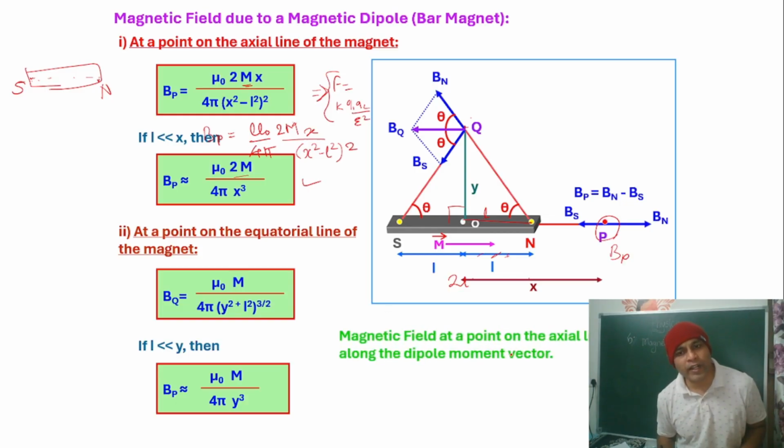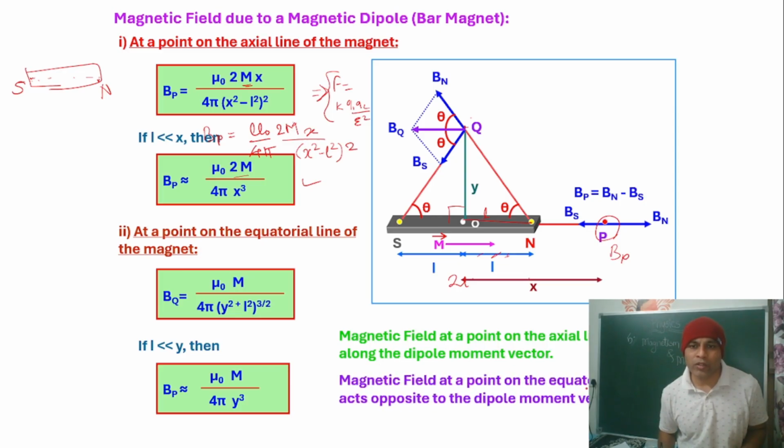Magnetic field at a point on the axial line acts along the dipole moment vector. Magnetic field at a point on the equatorial line acts opposite to the dipole moment vector. Obviously, this is the dipole moment, and this one is acting. So the dipole moment vector M is going this way, but the BQ is going this way.